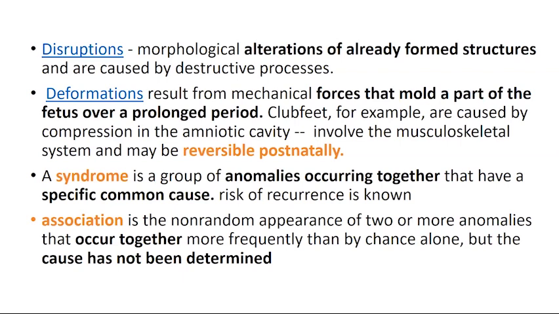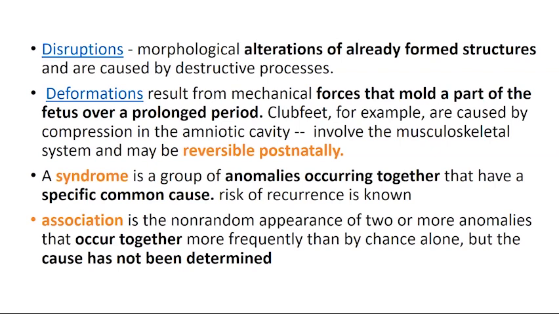That is a syndrome. An association is a non-random appearance of two or more anomalies that occur together more frequently than by chance alone, but the cause has not been determined. That is, they do not appear randomly. In an association, it is seen that if a defect of the finger is there, then a defect of the finger of the lower limb is also there, or certain other systems are also involved.